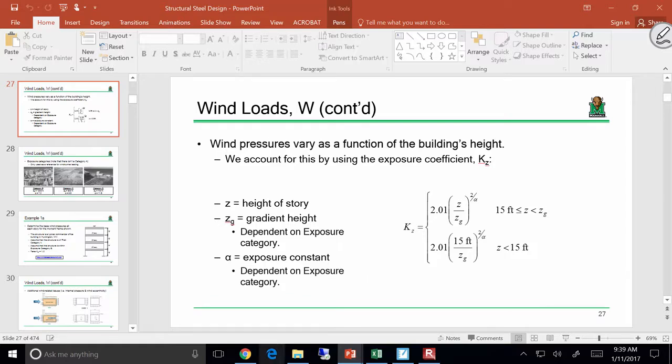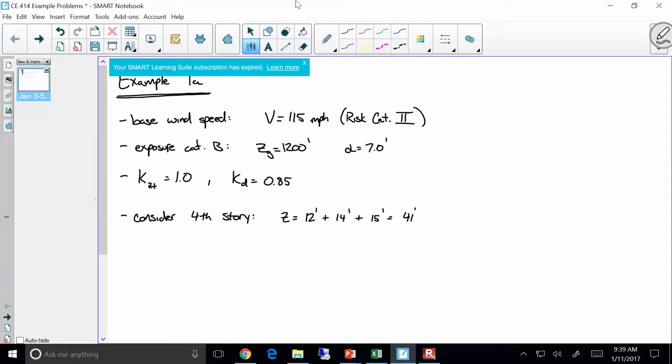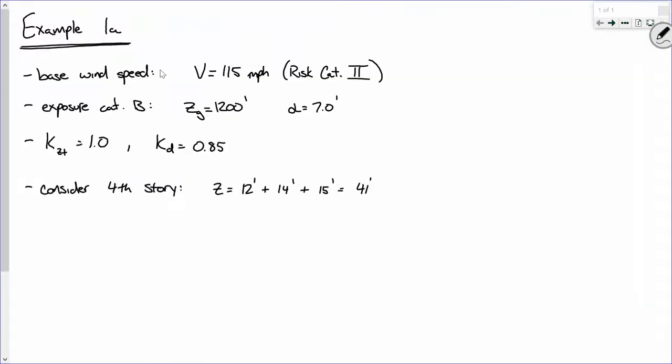So make you all do a little bit of computations this morning. So KZ equals 2.01. Two over alpha is the exponent, so 2.01 raised to the what?